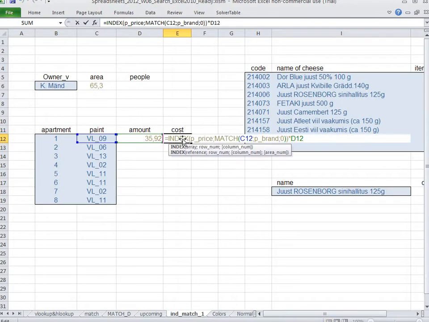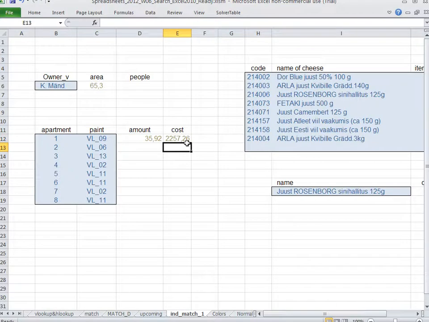We have made the calculation right in here, so this table really contains the amount in liters and the cost of painting the entire apartment. And here it is, 2257.